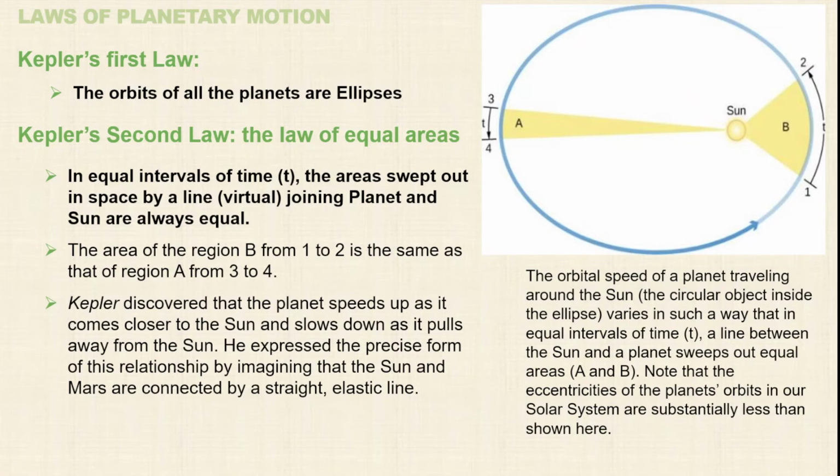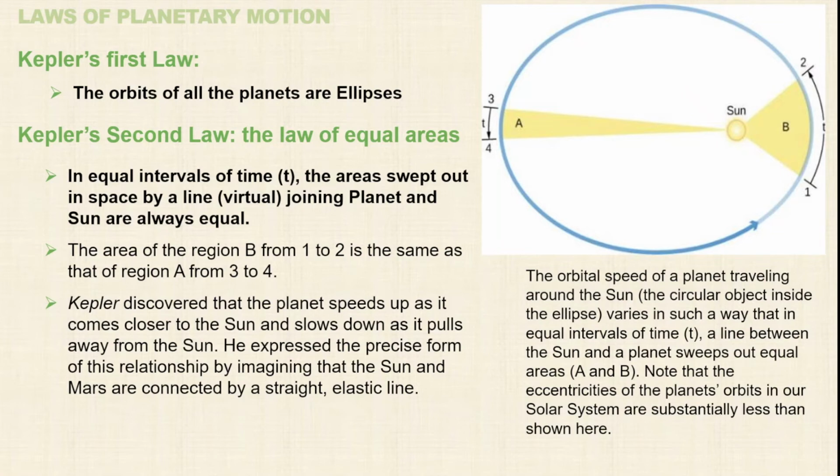Kepler's first law, second law. These first law and second law, these two laws tell us the orbital shape, sizes, the velocity of the objects at different points in orbits, their speed at different points of the orbit.